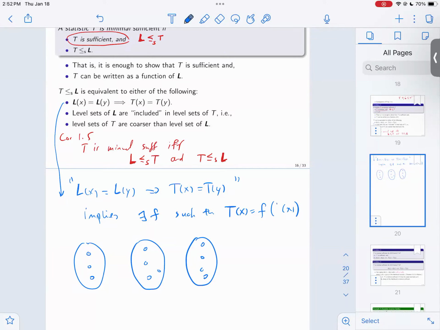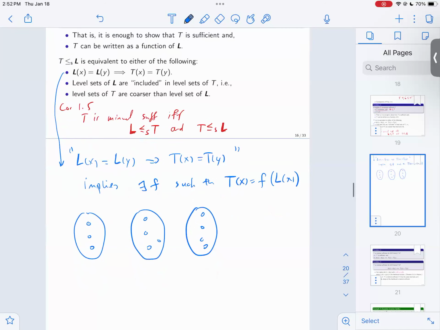Then T of X is a function of L of X. So what it's saying is that, let's say I have this implication. So whenever L maps two things to the same point here, maybe three things.